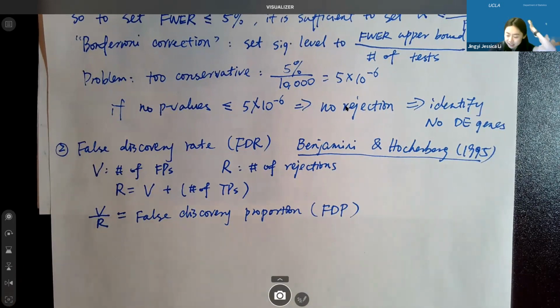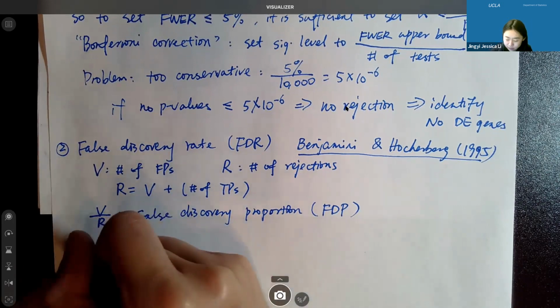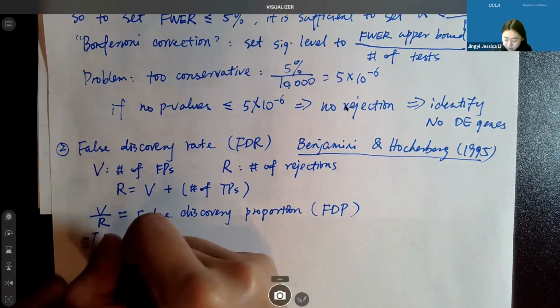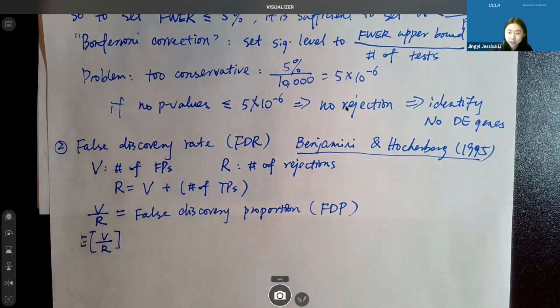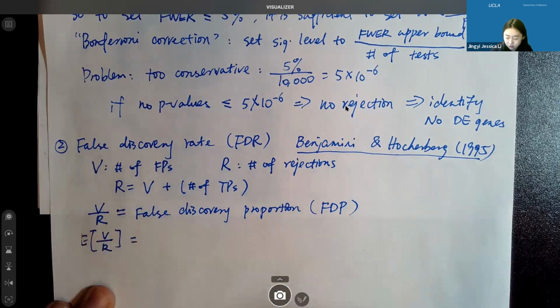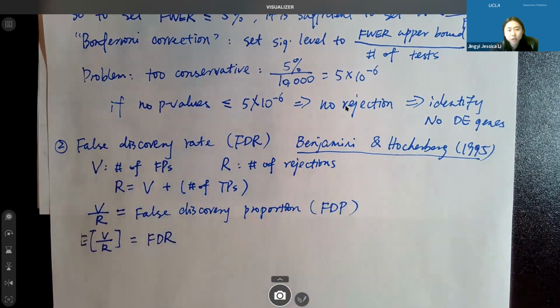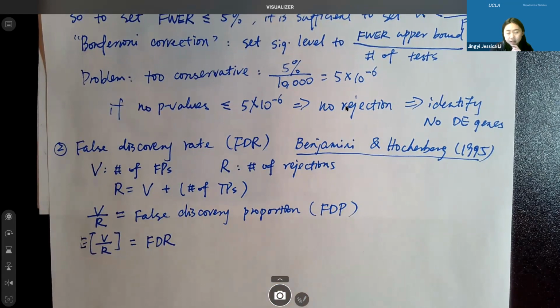So therefore, in statistics, we do not only care about one particular data set, or we say one particular realization. We care about how the procedure would work in general on all the possible data sets. So to talk about that general, we talk about expectation. So if we take the expectation of this random ratio, and expectation is with respect to the data generation, we call this FDR. So in other words, FDR is a criterion that is the expectation of FDP.